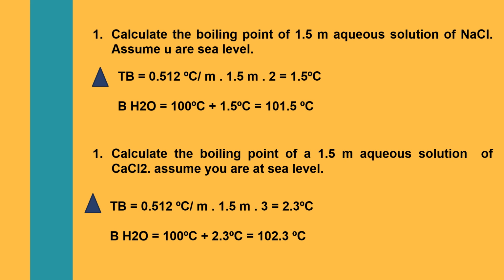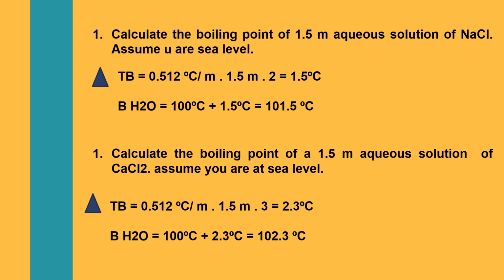Let's take a look at this example below. What if we have a solution of salt that has the same molality, and we were asked to calculate the boiling point of it, except this time we have a different type of salt, calcium chloride. We're going to assume we're at sea level.